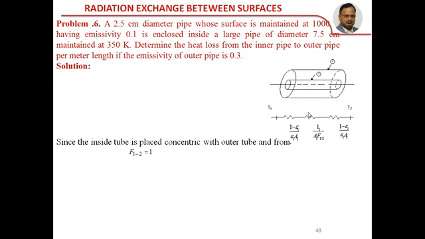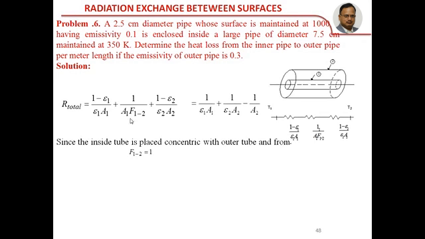Again, here also you can see 3 resistances are there. One is surface resistance of inner pipe, shape resistance between inner and outer pipe, and surface resistance of outer pipe. (1 minus epsilon 1) by epsilon 1 A1, 1 by A1 F12, (1 minus epsilon 2) by epsilon 2 A2. And F12, the amount of energy released by 1 can fall only on body 2, so F12 is 1. And R total you can write as the sum of these 3, which can be simplified as 1 by epsilon 1 A1 plus 1 by epsilon 2 A2 minus 1 by A2.